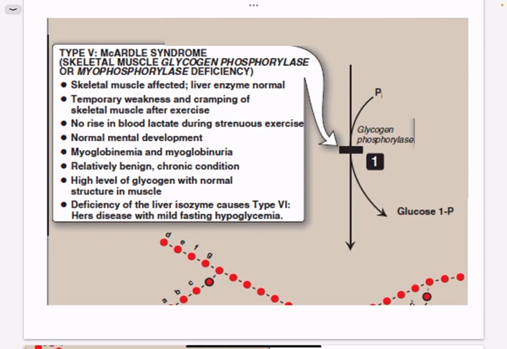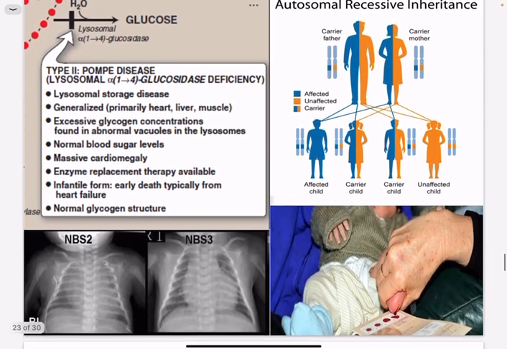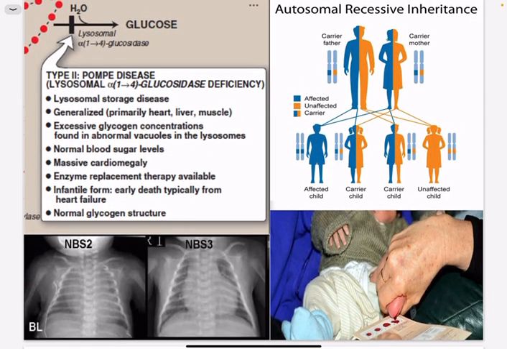Another example is deficiency in lysosomal glucosidase enzyme, which breaks down glycogen in lysosomes. This disease is known as Pompe disease, a deficiency of lysosomal alpha-glucosidase enzyme. Lysosomes are responsible for the degradation of glycogen in muscles.